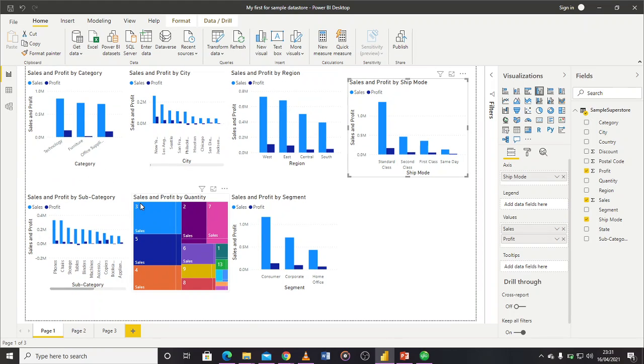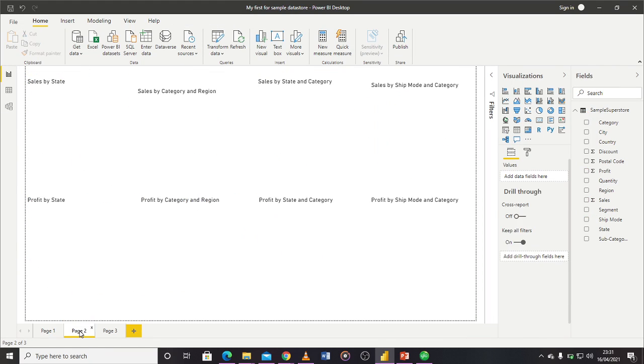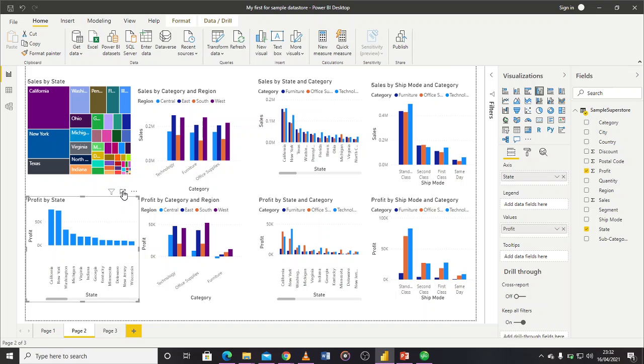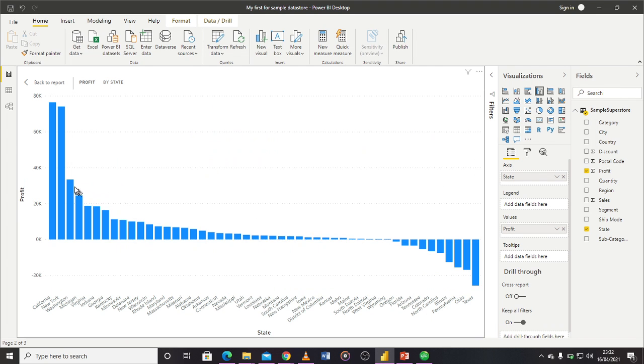Now, before comparing sales and profit by two categories, if you look at profits by state, we can see that California has the highest profit, and Texas has the lowest profit with minus 25,000.